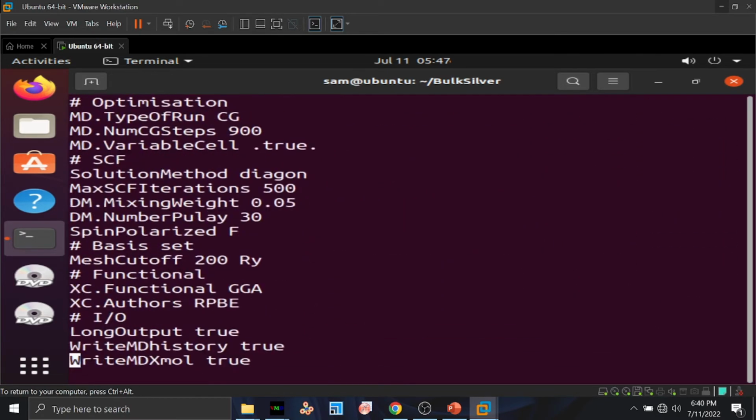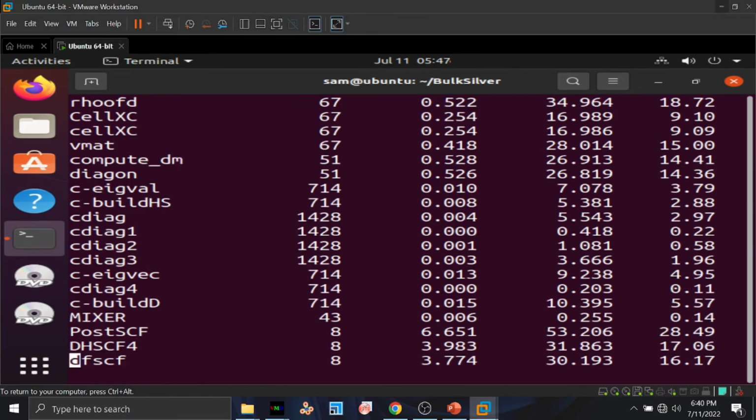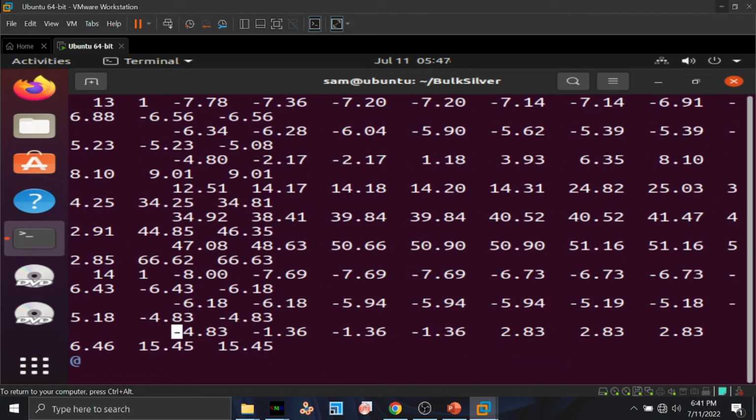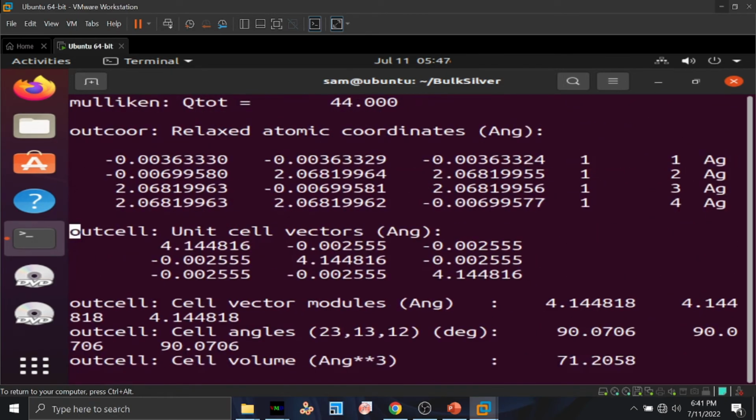Here you can see the lattice vector is 4.0857, and we can check whether the geometry is a variable cell that expands or contracts.